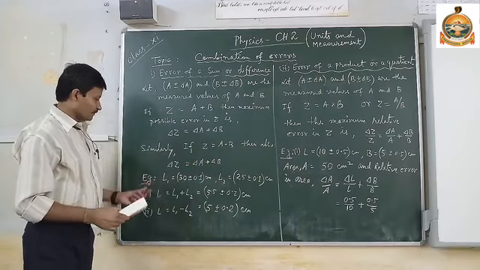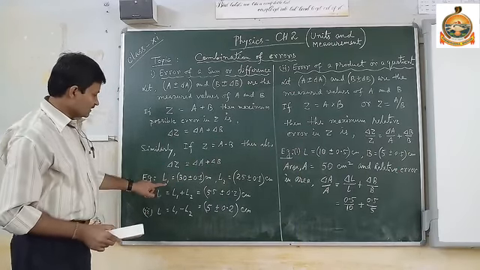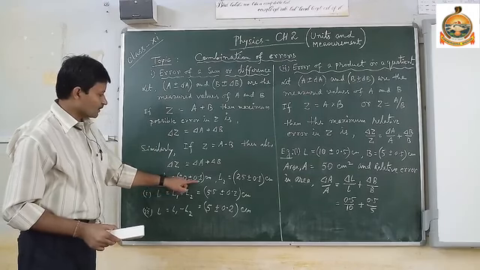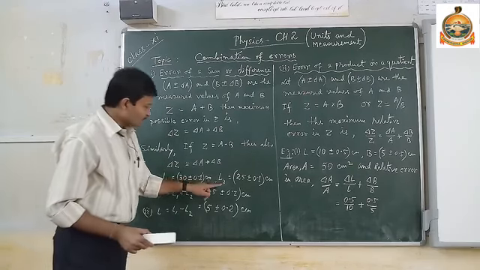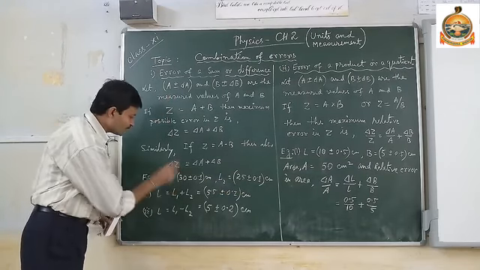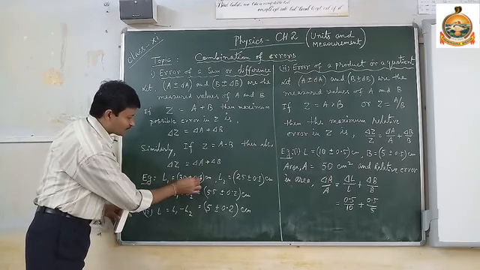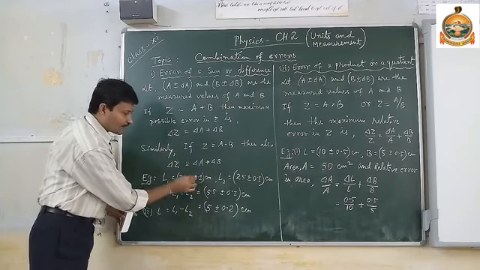For example, take two lengths. The first length is 30 plus minus 0.1 centimeter and the second length is 25 plus minus 0.1 centimeter. The true value is 30, that is A mean, and 0.1 is the absolute error, delta A mean.